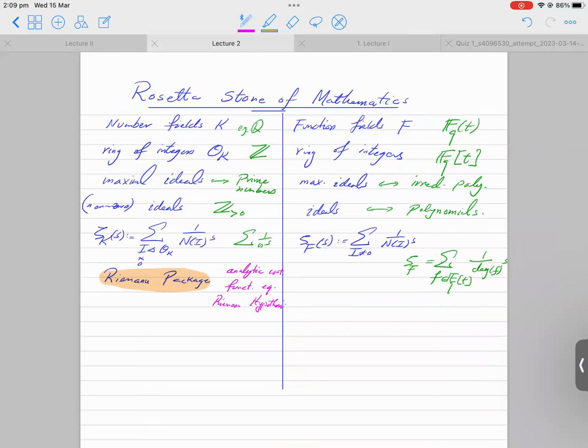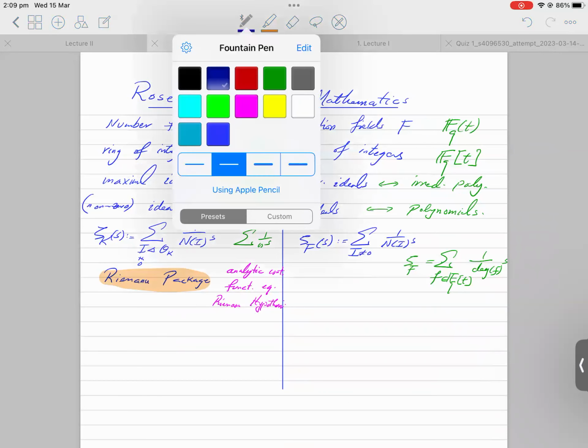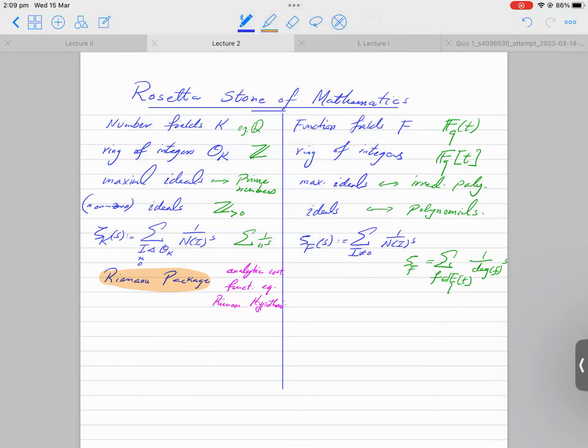And the analog of the Riemann package on the function field side would be the Weil conjectures for algebraic curves.